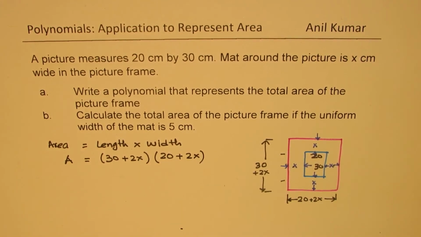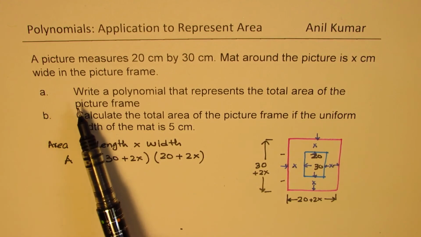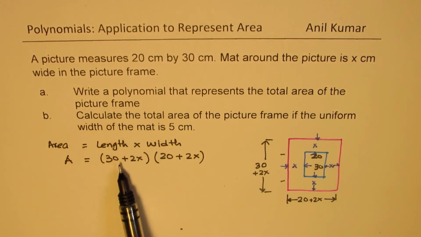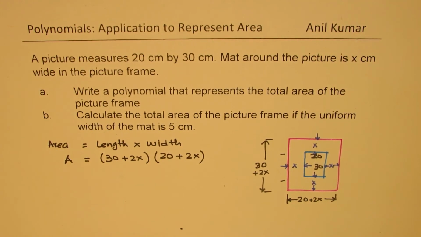Is that clear to you? So part A, write a polynomial that represents the total area of the picture frame. That is this polynomial. Now this is in factored form. You could expand, simplify and write it in a polynomial form also.